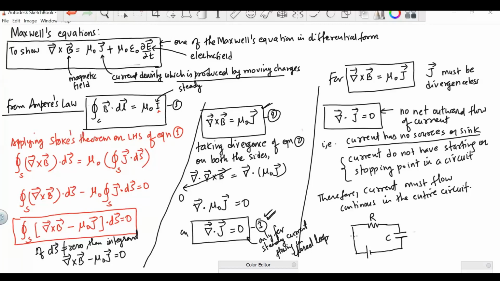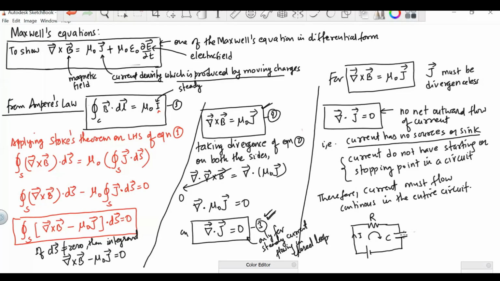Now what do we find? Conventional current is flowing along this direction, that is from the positive terminal towards the upper plate. Clear? So we find conventional current, which represents the flow of positive charge. So positive charge is flowing from the positive terminal of the battery towards the upper plate.